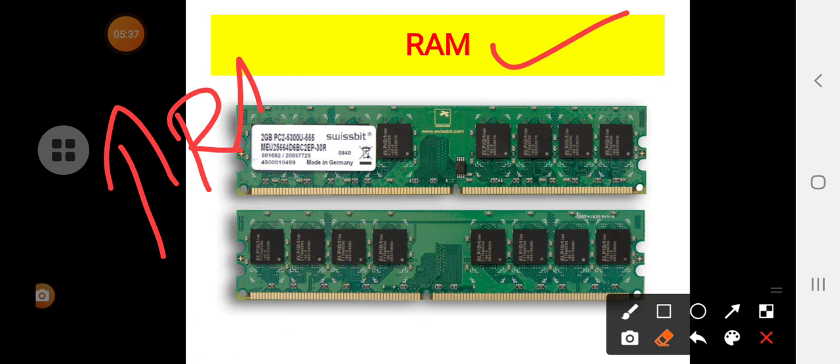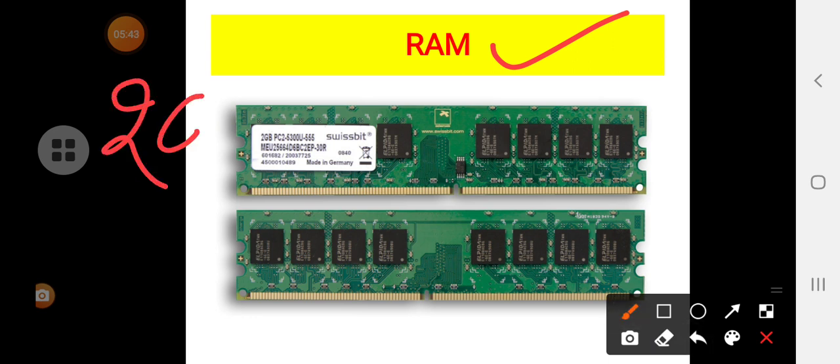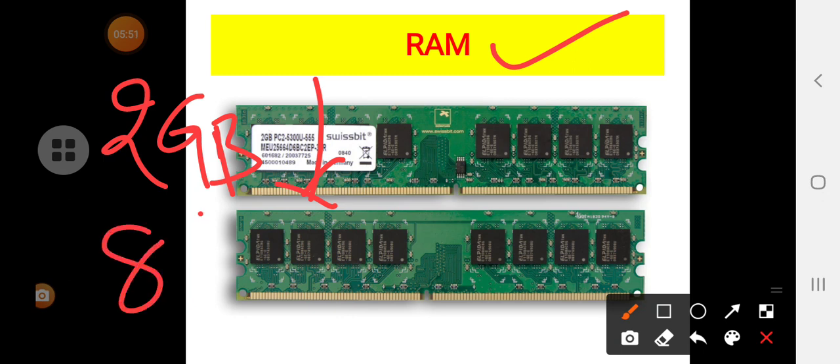For example, if a user buys a 2 GB RAM phone, then the speed will be limited. If a user buys a 2 GB RAM phone, the speed will be less. But if the user buys 8 GB RAM, then of course the speed is more.